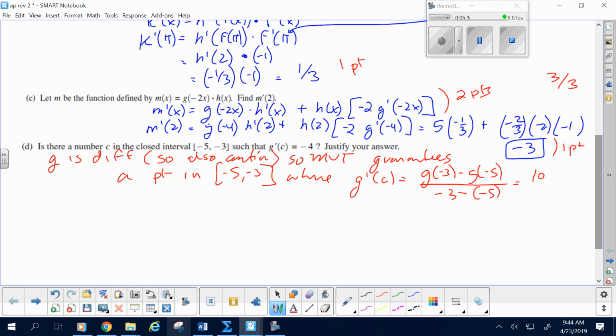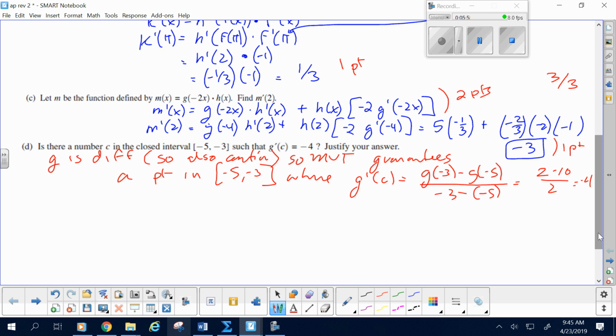That is 2 minus 10 over positive 2, and that is indeed -4. The average change on that interval is -4, so there's got to be a place where the instantaneous change is -4 also.